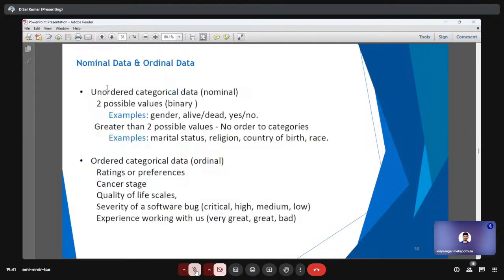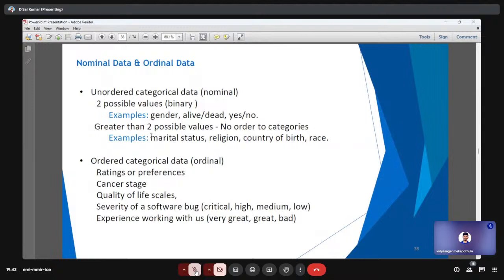Then we have nominal data and ordinal data. Under categorical data, unordered categorical data we generally call nominal. If it is ordered, as the word ordinal suggests, it uses some order. Two possible values, like binary, for example whether a person is alive or dead, whether something is true or false, are possible with unordered categorical data, and generally we use the word nominal.